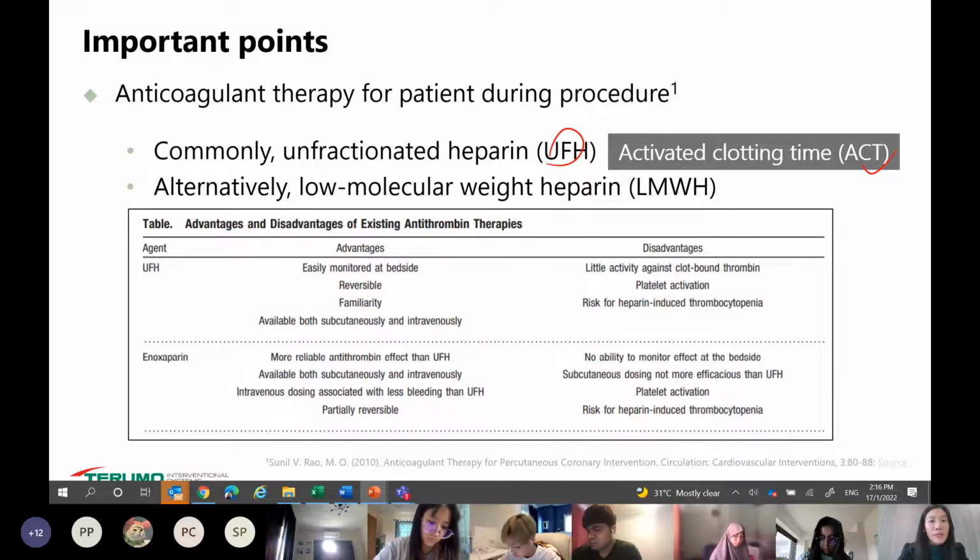There are other methods like LMWH, which is more commonly used recently because the effect is more stable. Because it is more stable, they then don't need to use this ACT to continuously track the level to maintain it.